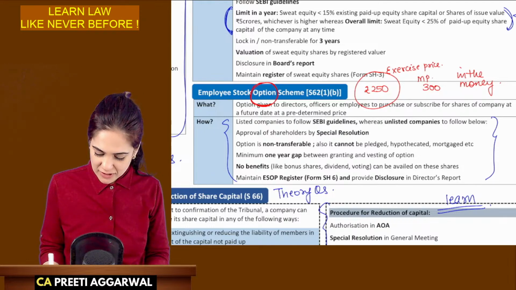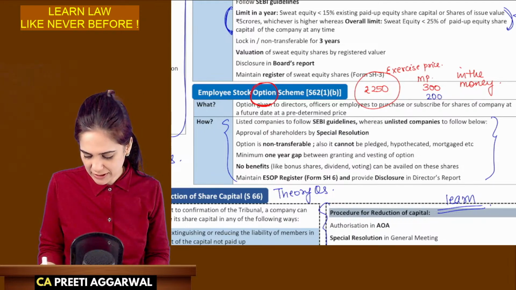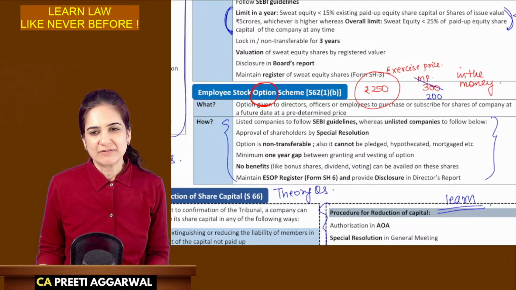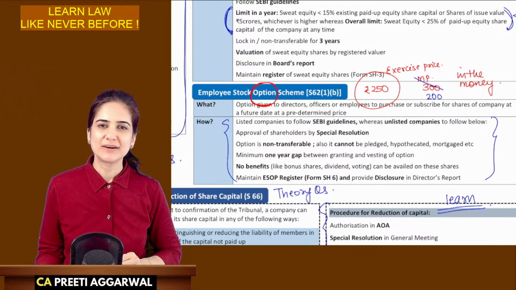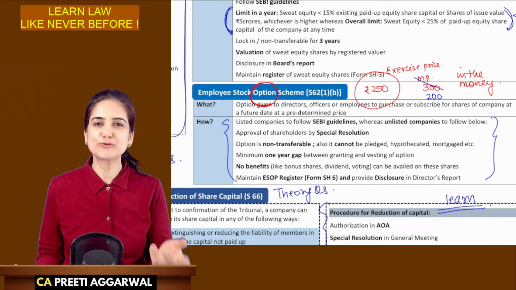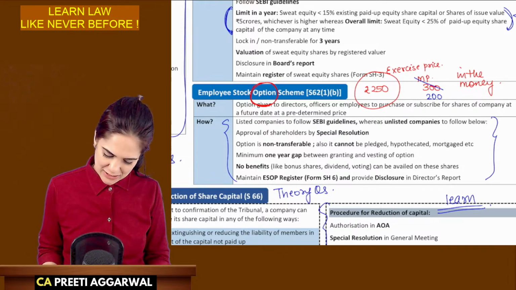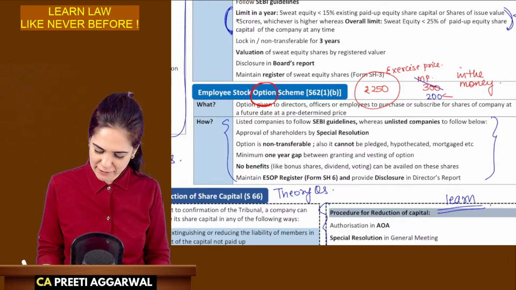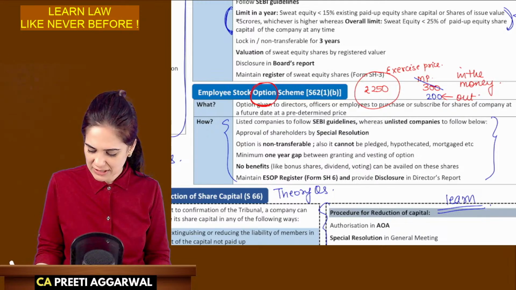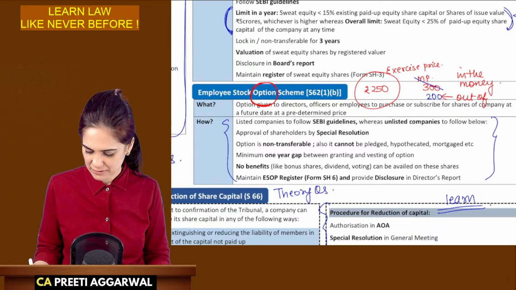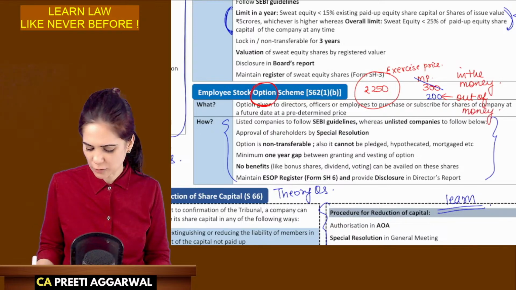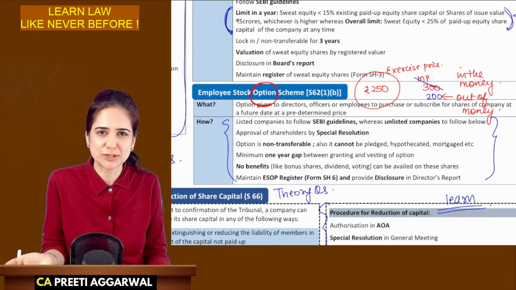But what if the market price is 200? When the market price is 200, who will buy it for 250? So in this case, it is better to go and buy it from the market. This is out of the money. I will not exercise the option. Anyways, it's an option, it's not a compulsion.